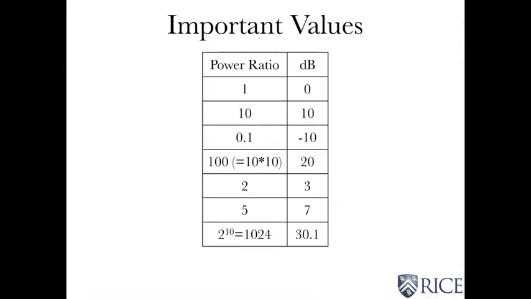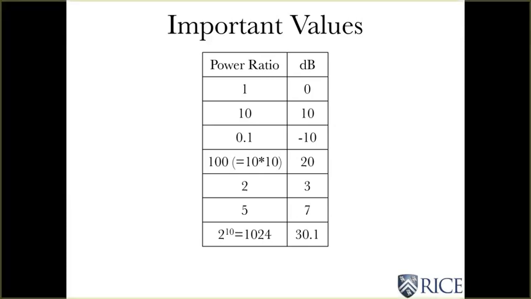Well, let's go over some interesting values for decibels that come up all the time. This is something everybody remembers. So clearly, if the power ratio is 1, that is equivalent to 0 dB. If that power ratio was a signal to noise ratio, signal power divided by a reference noise power, 0 dB means there's just as much power in the signal as there is in the noise, and that's not good.